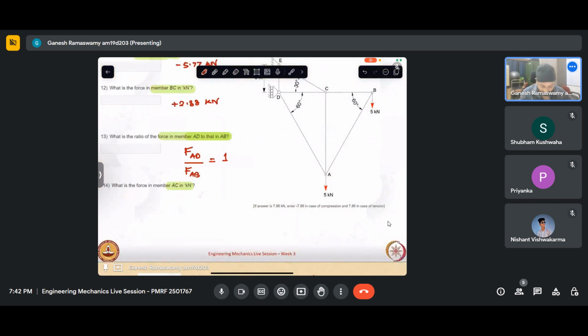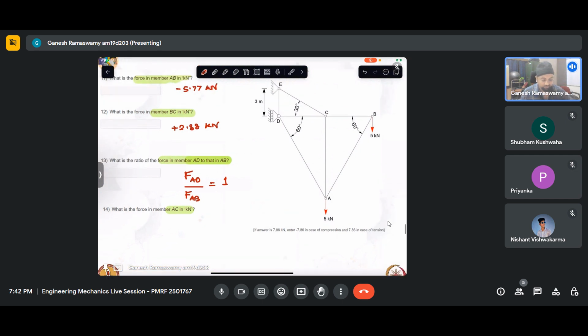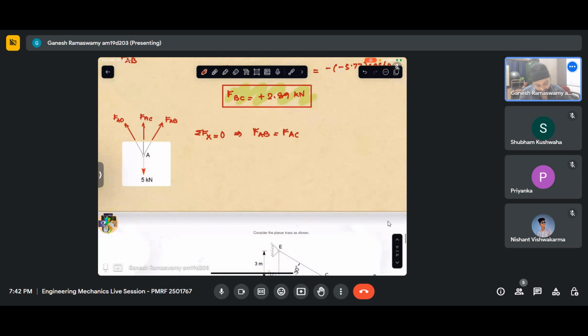What is the force in member AC is what is asked. From here, for this joint, if I take Fy equaling 0, I know that this angle is 60 degrees.